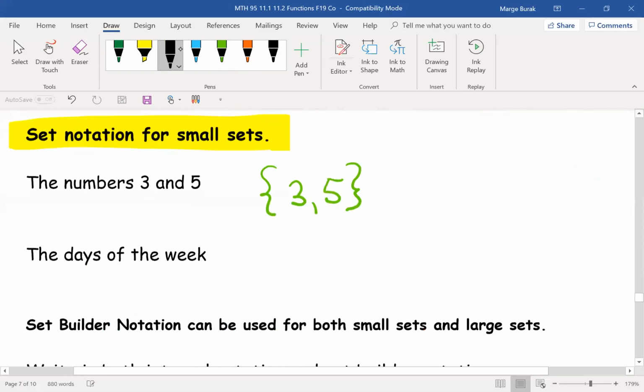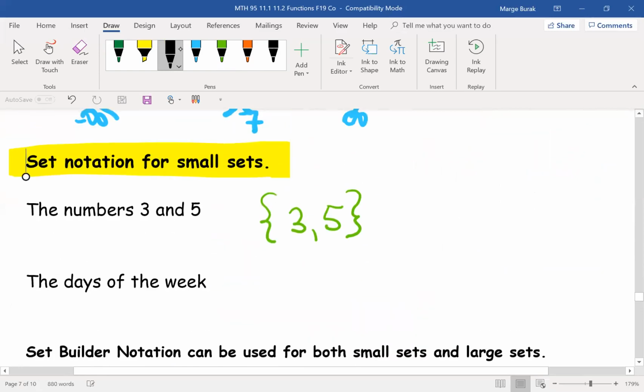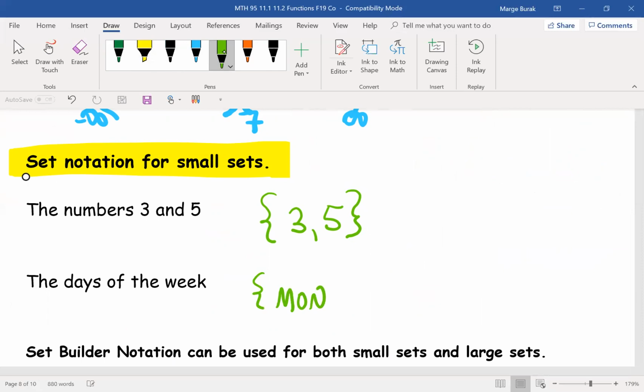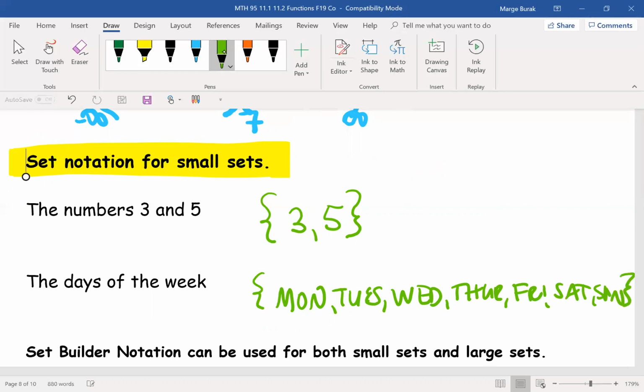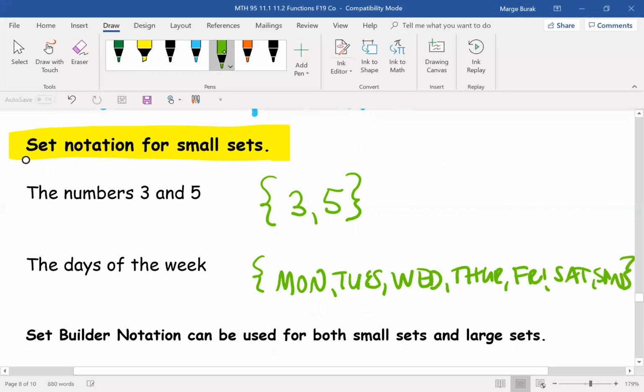So set notation is just listing members of the set. So the days of the week, we've got it. Monday, Tuesday, Wednesday, Thursday, Friday, Saturday, and Sunday. That's set notation for a small amount, a finite number of pieces.